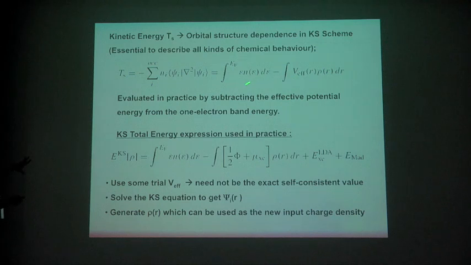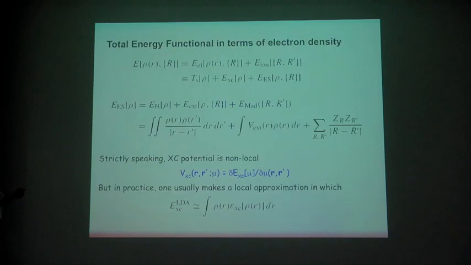Do you understand this? This is important for the students, okay, not for the experts. So what am I doing? I am writing the Ts as the total minus the V effective.